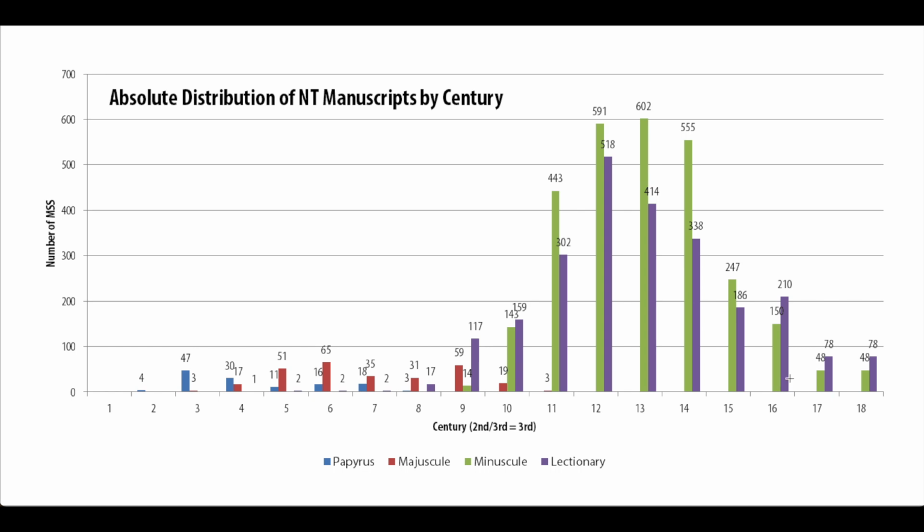But the 16th century is when all the magic happened with Erasmus and all that. So look, here are all the manuscripts. Right on time, here comes Erasmus utilizing all of this. Now, a lot of this stuff on this side over here, we didn't even know we had, because they hadn't been found yet.